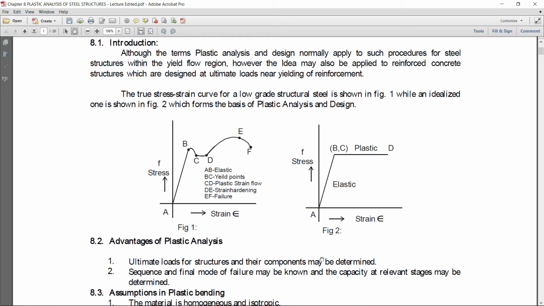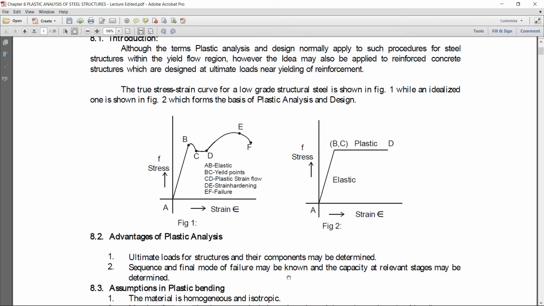We can understand the behavior of the structure in terms of failure, from where the failure starts when the loading applied exceeds the capacity of the member. Sequence and final mode of failure may be known, and the capacity at relevant stages may be determined. At relevant stages near failure, we can determine the capacity of the member by using plastic analysis.